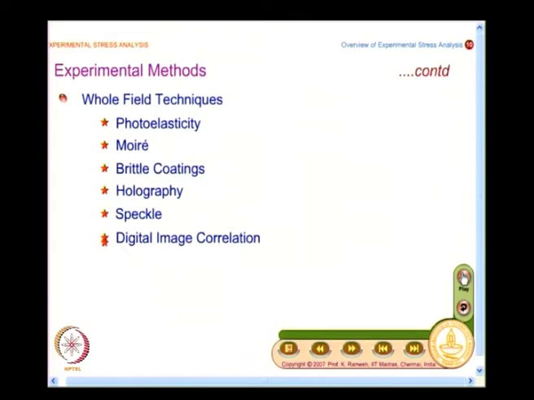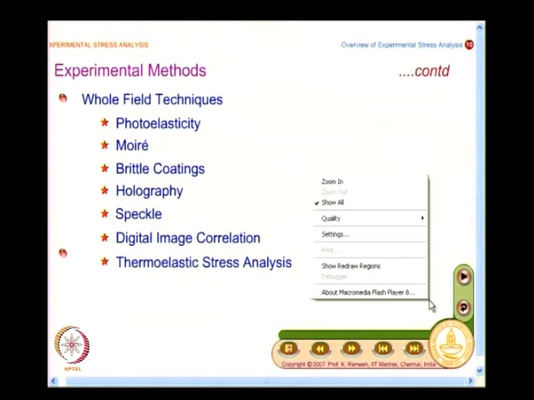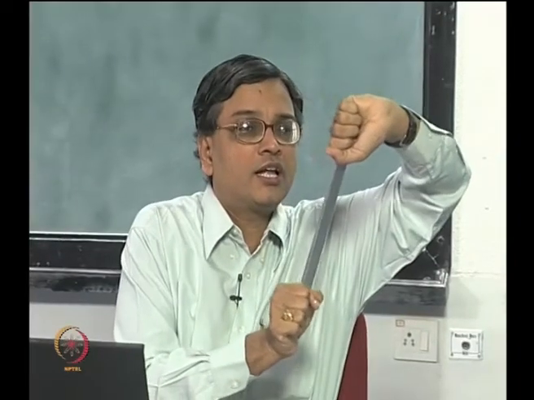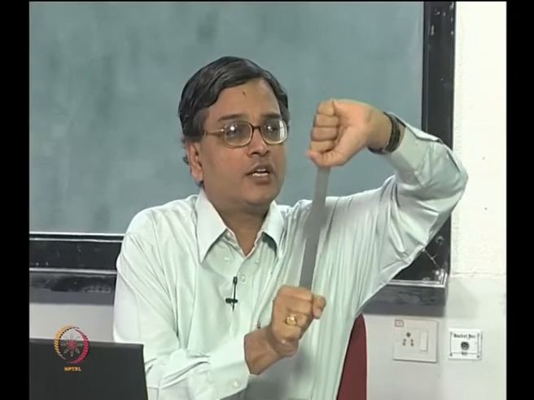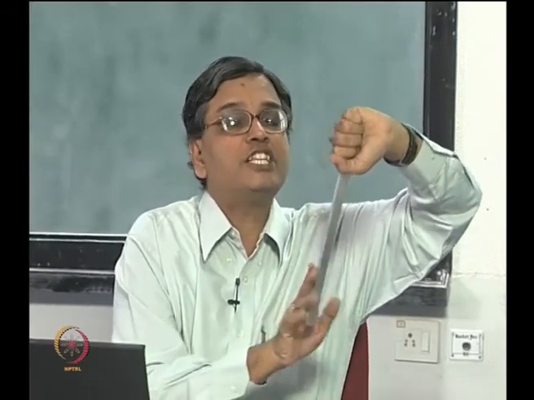Specimen and surface preparation are very simple, and it exploits computers to the fullest extent for measurement of displacement. Then you also have a technique called thermoelastic stress analysis. When you put a cyclical load on a model, the temperature changes. The temperature change is very, very small, and it is measured by a non-contact approach, and this gives you thermoelastic stress analysis.